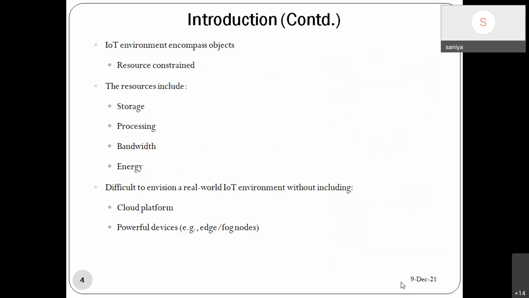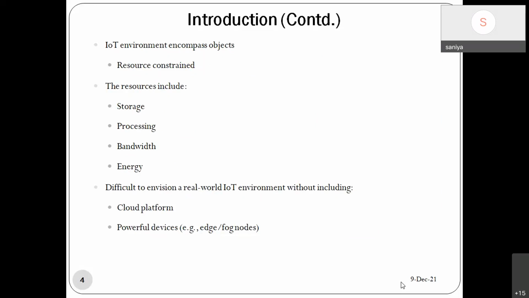IoT encompasses objects. Now the problem with these objects is that many of the objects that we have in IoT are resource constrained. Resource constrained means they are resource limited. There is a limitation in the storage, processing, bandwidth, and energy. Small WSN nodes are IoT devices. They have limitations in the storage as well as energy.